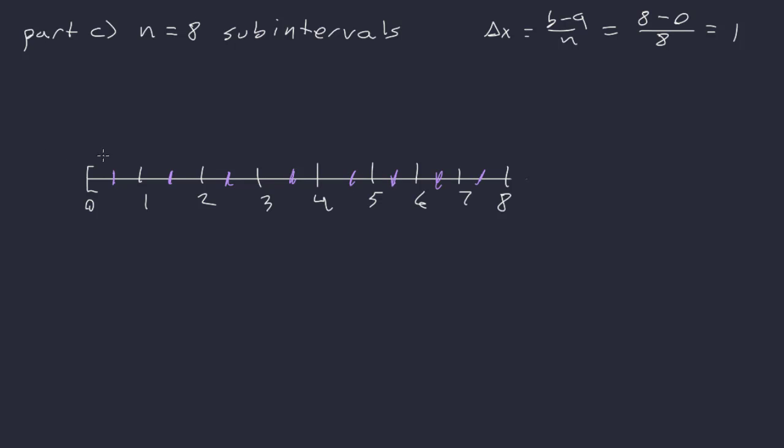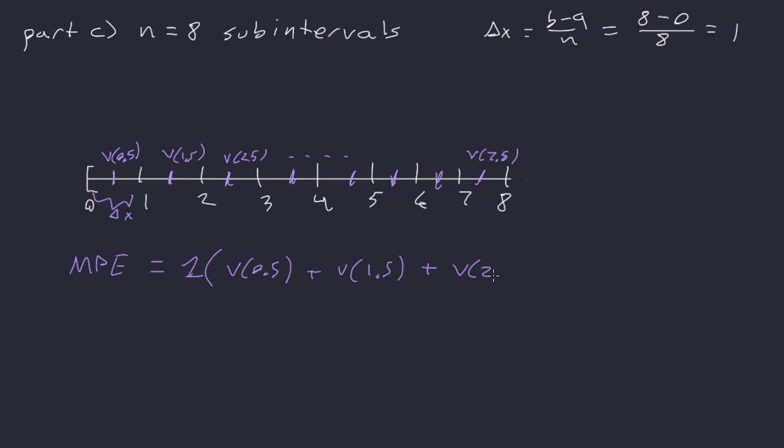Okay, so for our midpoint estimate, again, we take the midpoint of every region for our height. So we'll use v of 0.5, v of 1.5, v of 2.5, etc., all the way up to v of 7.5. So our midpoint estimation is going to be, again, the same delta x, which is still 1, times v of 0.5 plus v of 1.5 plus v of 2.5 all the way up to v of 7.5.